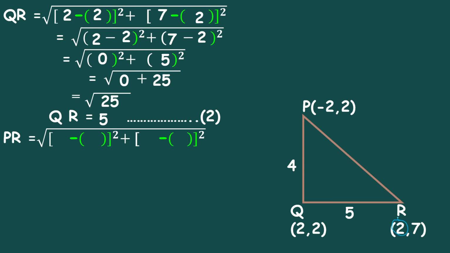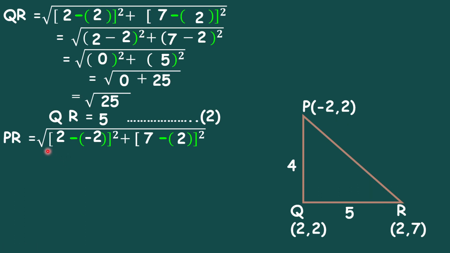Therefore root of, in the first bracket 2 minus into bracket x coordinate of point P is negative 2, bracket complete, its square, plus into bracket the y coordinate of point R is how much? 7, minus into bracket the y coordinate of point P is how much? 2, bracket complete, its square.